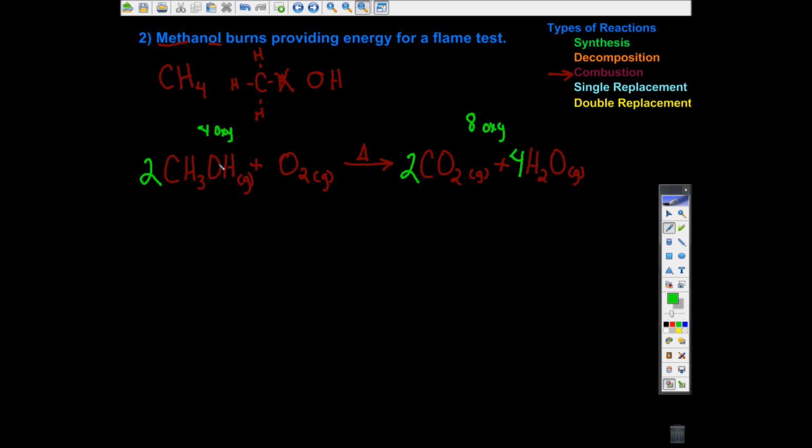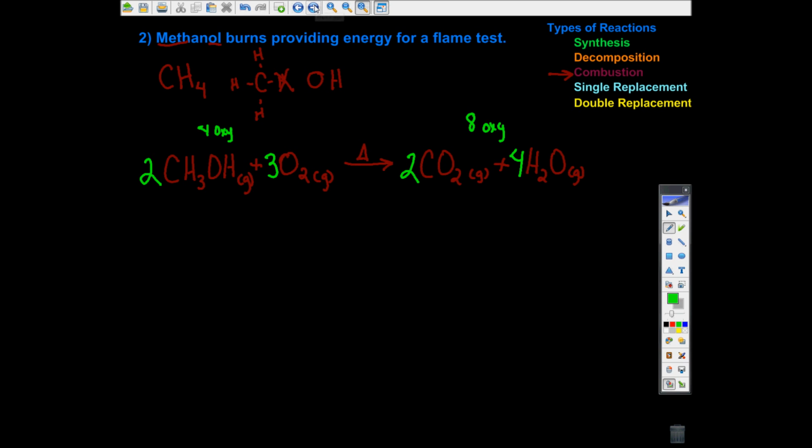So I'll say 8 minus these 2 oxygen here is a 6. So what can I multiply 2 by to get 6? And that's a 3. Now this equation was a little bit difficult to balance because you have to take into consideration that your oxygen is split on both sides. It's in 2 compounds here and 2 compounds on the product side as well.